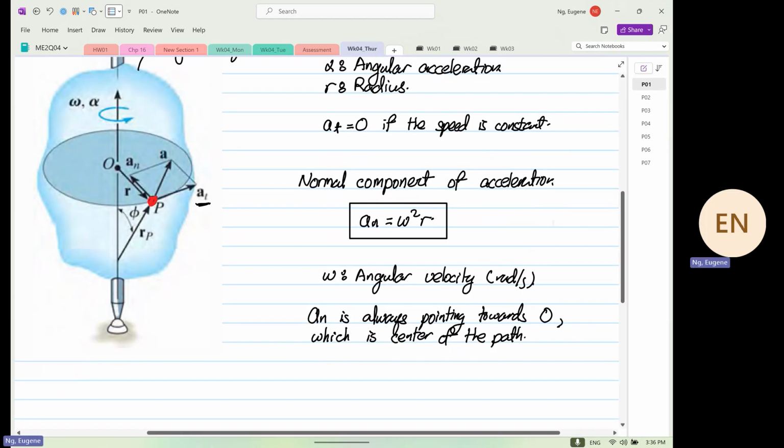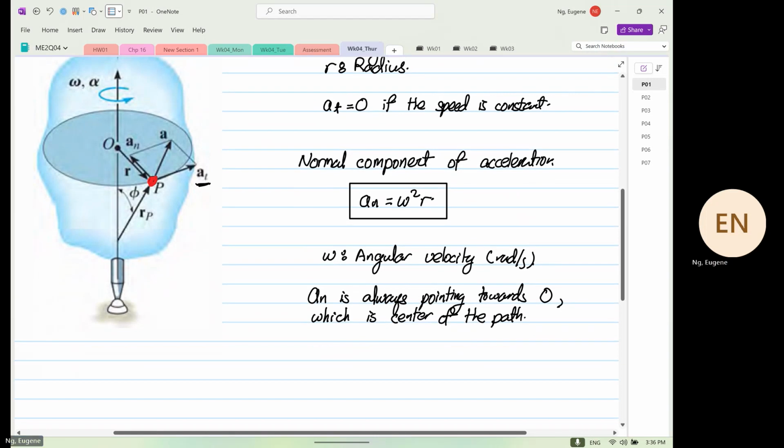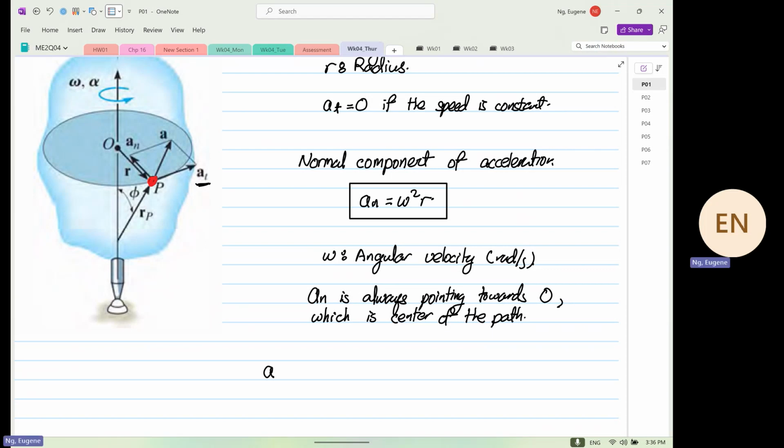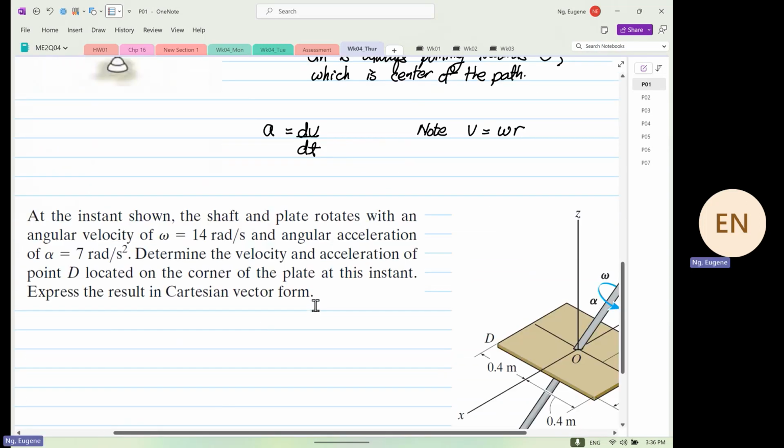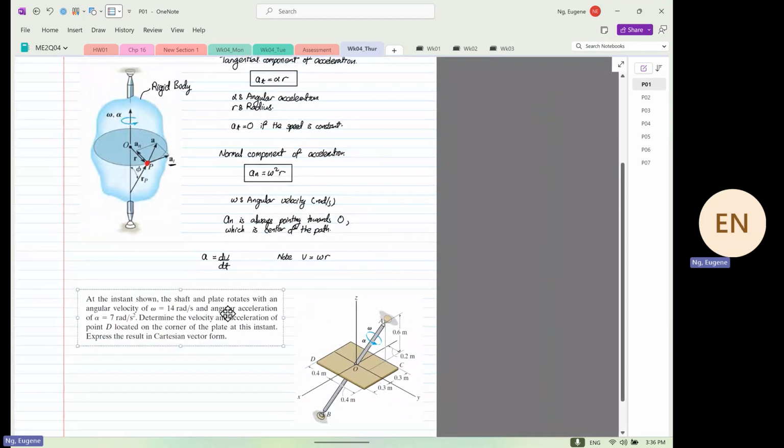So if we write out the term acceleration, this is equal to dv over dt. We know that, right? And we also note that velocity is equal to omega r. Okay. So with that in mind, I'll move this elsewhere first.